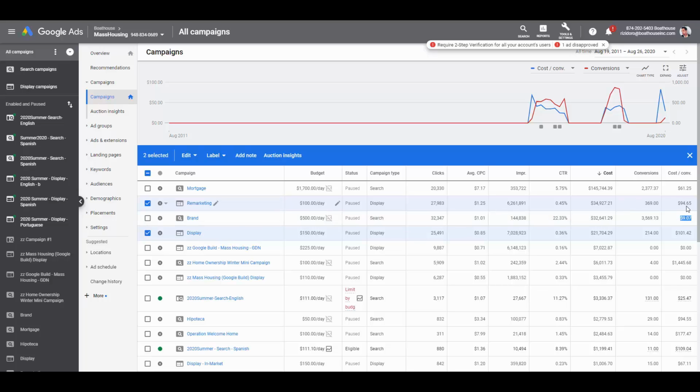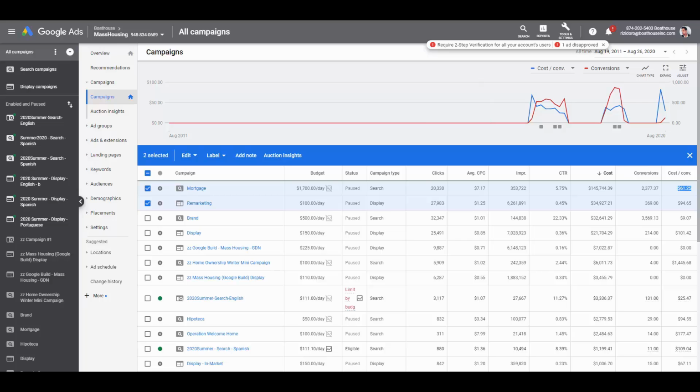So as you can see in this scenario, search did a lot better. It drove a lot more conversions, way more efficiently, right, than the best GDN campaign. If we just compare these two, the top being a search campaign and this one being a display campaign, search did a lot better here in terms of volume and cost per lead.